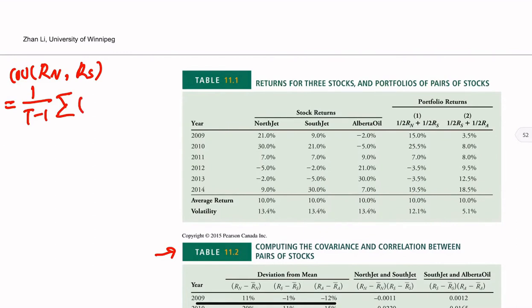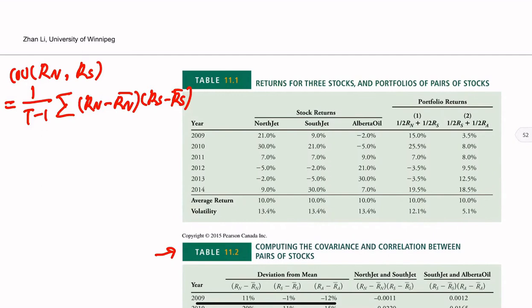and what do we want to sum here? Well, we want to sum Rn minus Rn bar, which is the average return of North Jet, times Rs minus Rs bar, which is the average return of the South Jet.